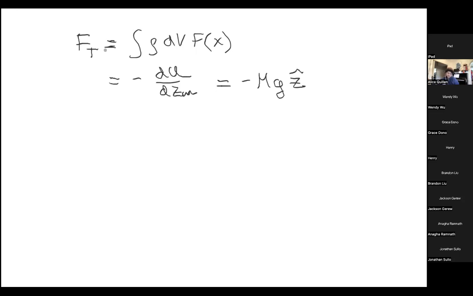This is equivalent because U is equal to M g z of the center of mass. So the force from gravity on an extended mass is equivalent. You can think of the potential energy, since it only depends on the center of mass position. There's nothing inconsistent with thinking about it this way.